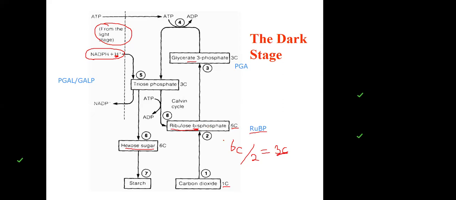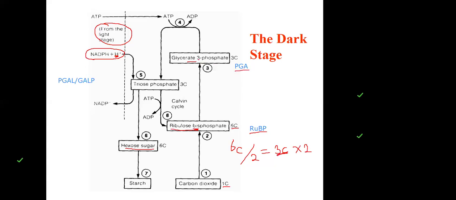So RuBP will form a 6-carbon compound, which is very unstable, which immediately disintegrates to form 2 molecules, so I can say times 2, 2 molecules of 3-carbon compounds, which in this case are glycerate 3-phosphate or phosphoglyceric acid, PGA, okay?